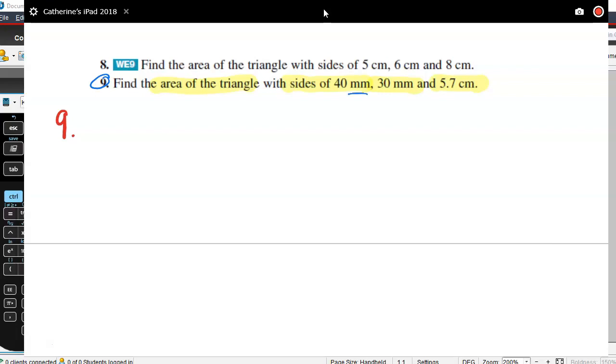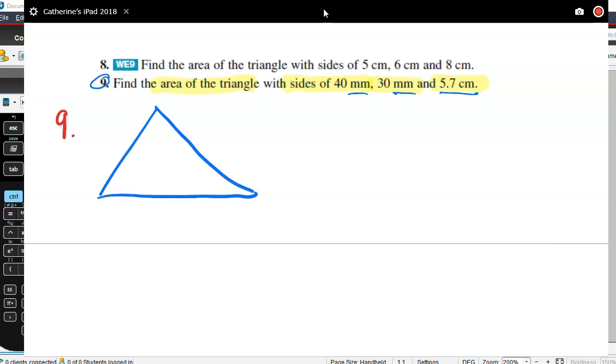Now, because 2 out of the 3 are in millimetres, I'll probably convert that to millimetres. You might be told which way to answer it. You might be told we're finding it in centimetres squared or in millimetres squared. So it just depends on the question. So find the area.